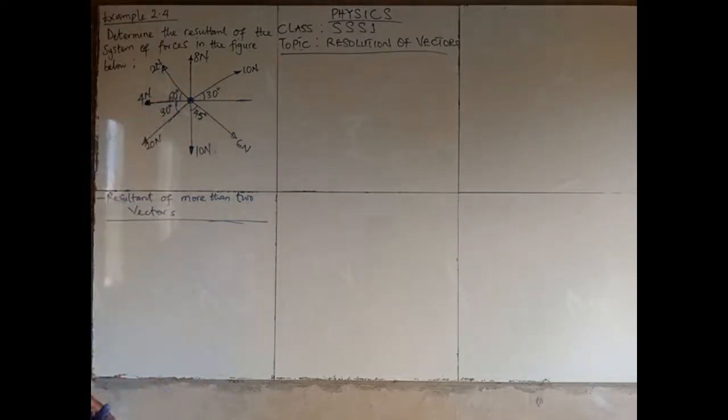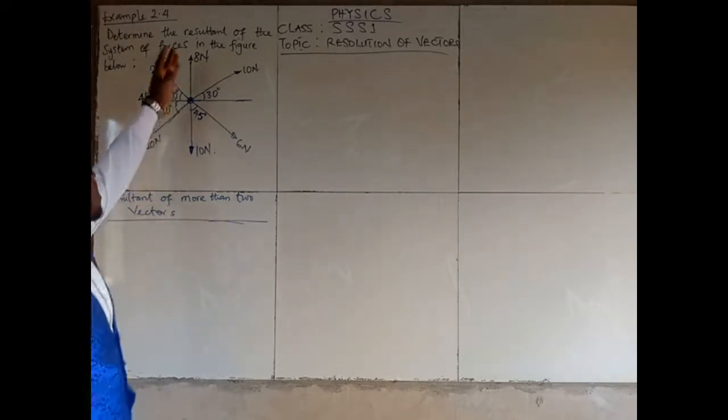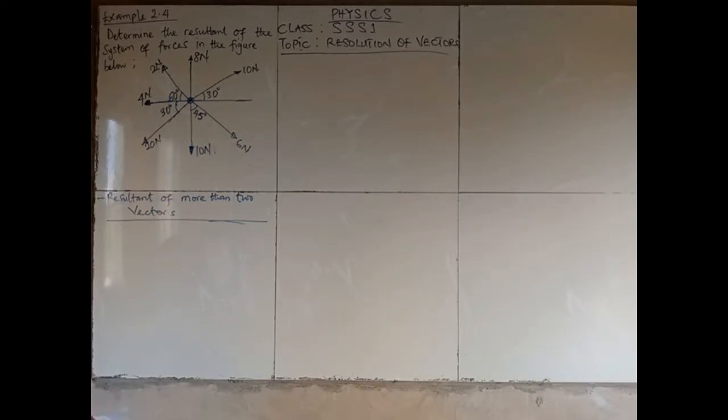Now, for us to attend to that question, we must make use of what we call resolution of vectors. If you look at all the forces we have here, we can see that 8 Newton is already aligned on the y-axis, so we don't need to touch that. It's already resolved. 10 Newton is also aligned.